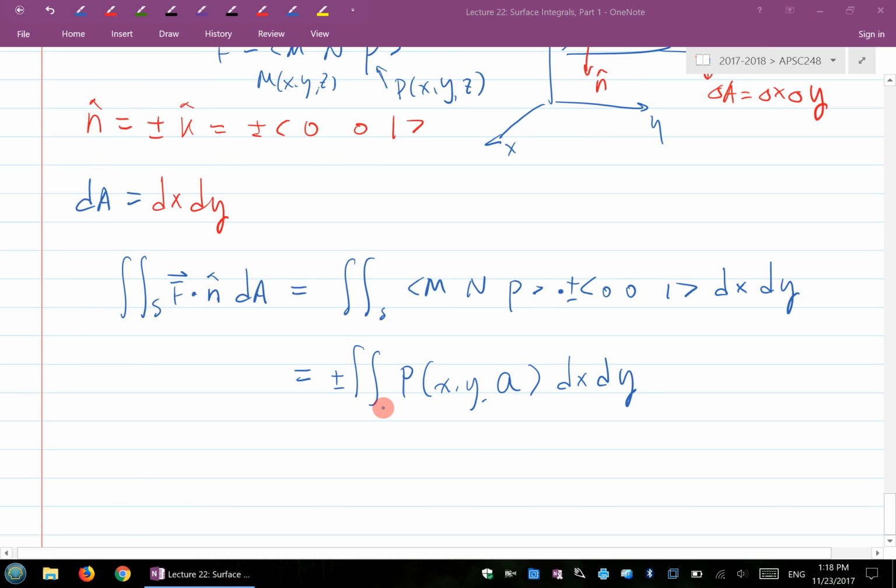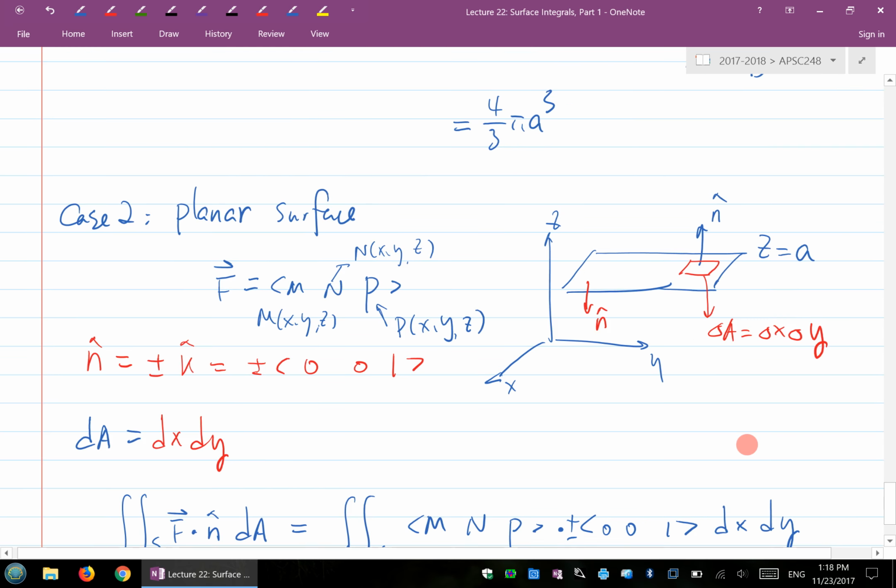So now the rest of the work is to find the limits for x and y based on the given planar surface. Maybe it's just a rectangle, or maybe it's something else. A is the plane location, z equal to a, so that's where you're doing the integrals.